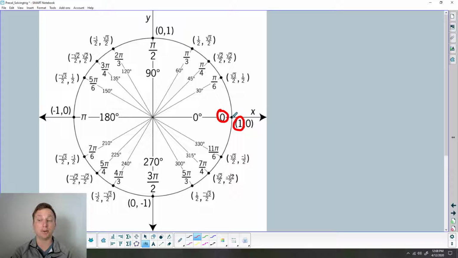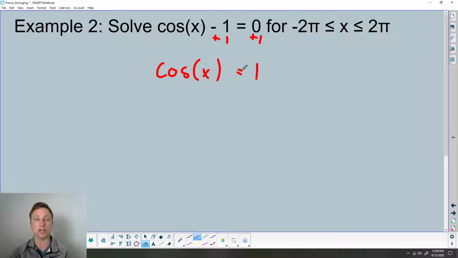But if you take note, I made it all the way around the unit circle, so I actually went 0, where I started, it happened to be that value, and then all the way around I went 2 pi, and I achieved that as well. So there's two values right now that we can think about. So if we go back to this, cosine of x equals 1 at x values of 0 and at x values of 2 pi.